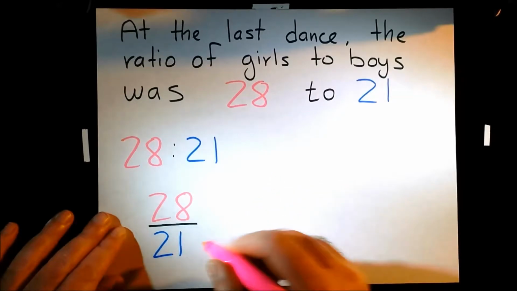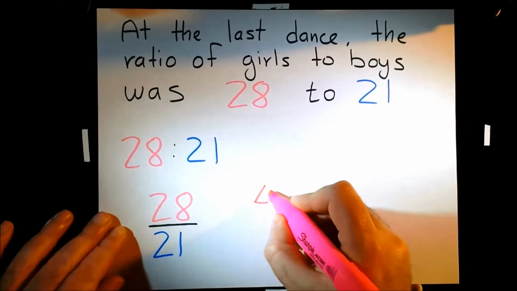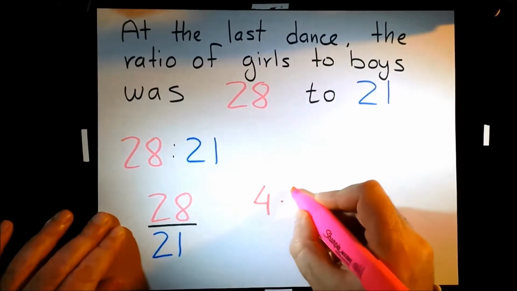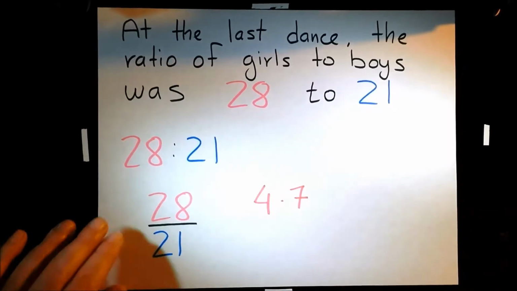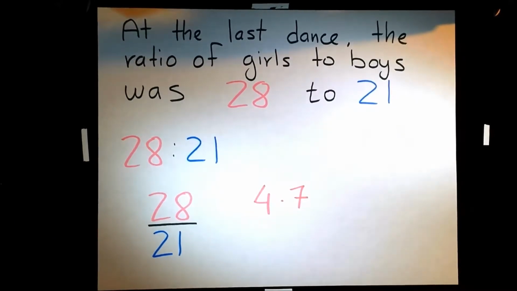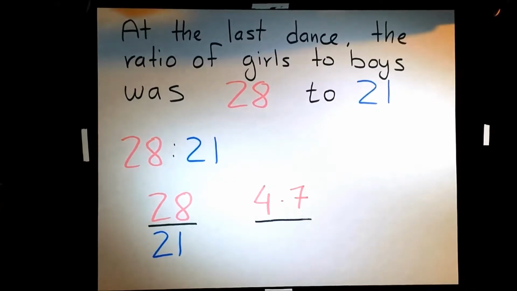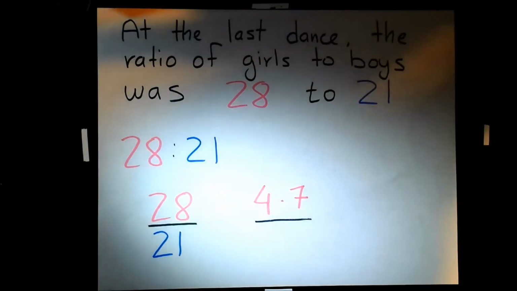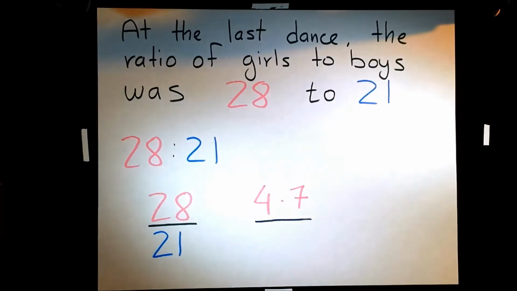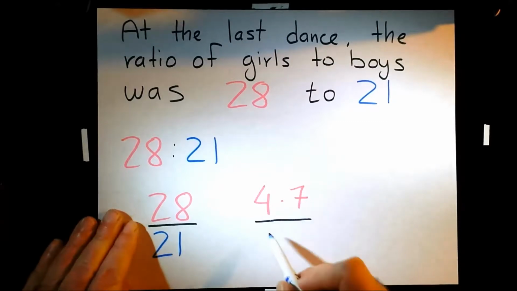So I want to write the numerator as 4 times 7. I'm going to write the denominator as, what can I write the denominator as? Here it's a little easier. What times what can give me 21? 3 times 7.